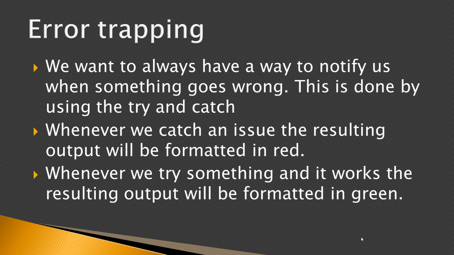So this is really helpful to do, and essentially all it is, we're going to do a command that says try and tries the output, and if it errors out, the catch is the thing that displays basically the write-host in red font to tell you something didn't happen the way it was supposed to.